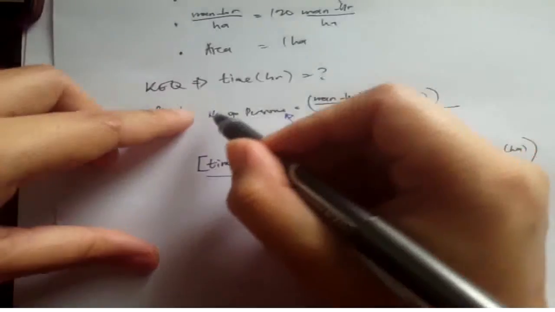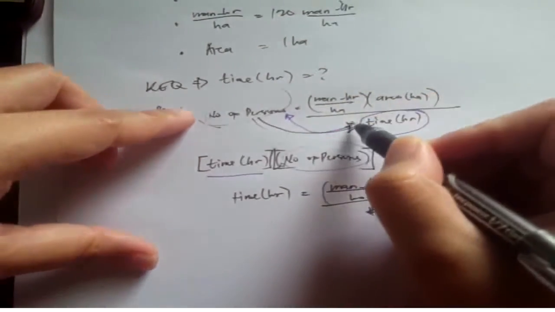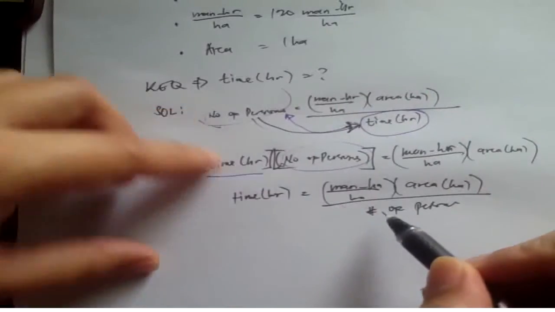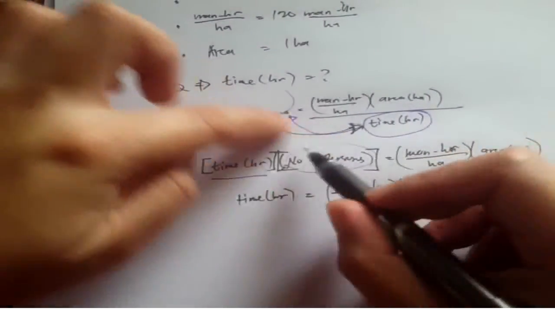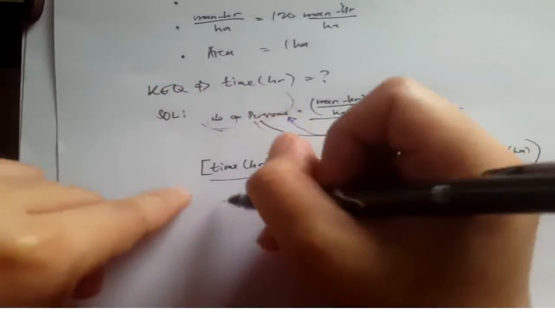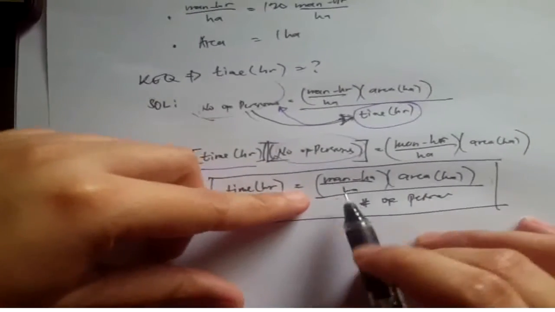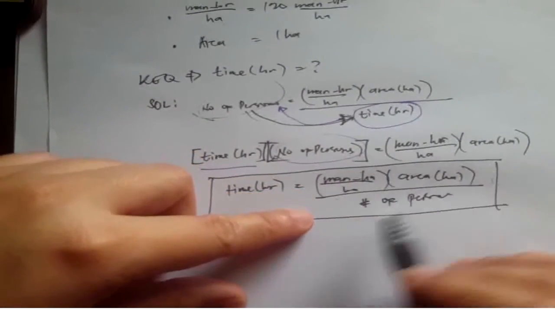Okay, so from here you move this to the denominator. It's like they swap their places. So our formula for time in hours is man-hour per hectare times area divided by number of persons.